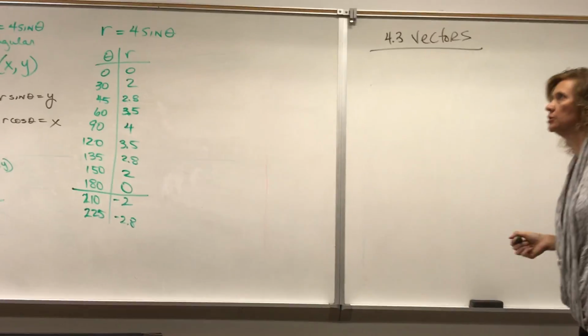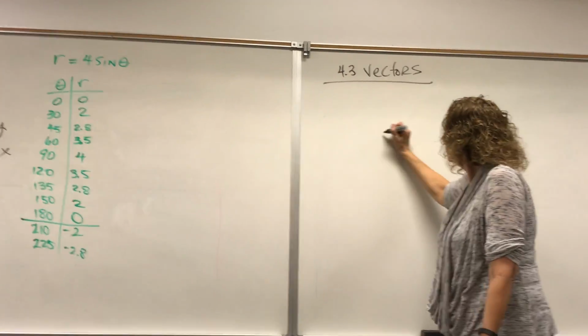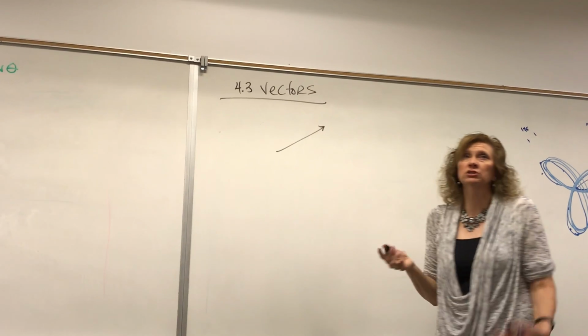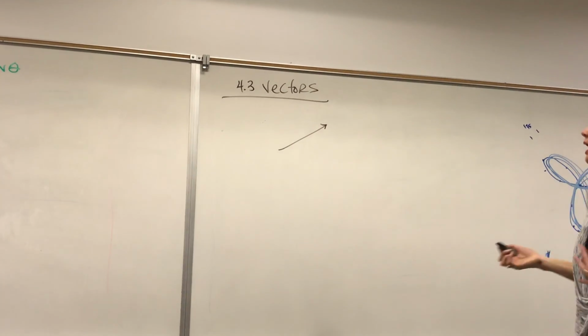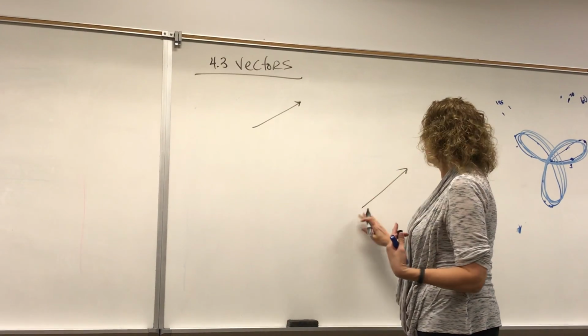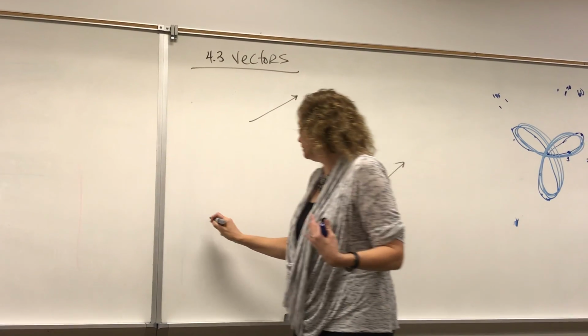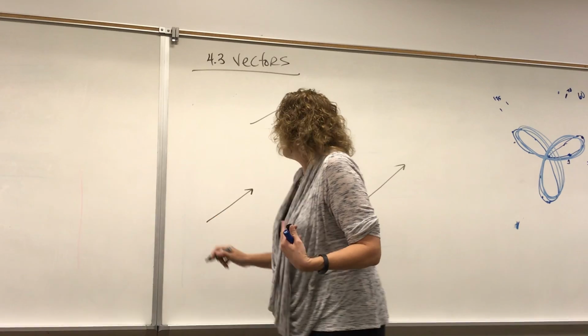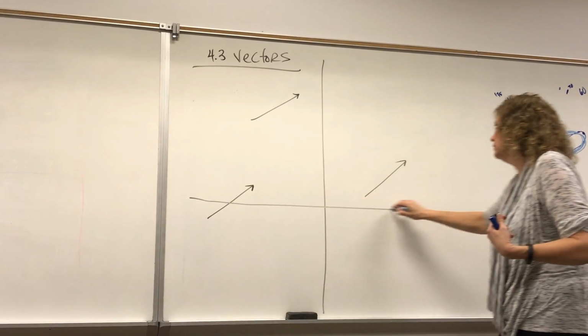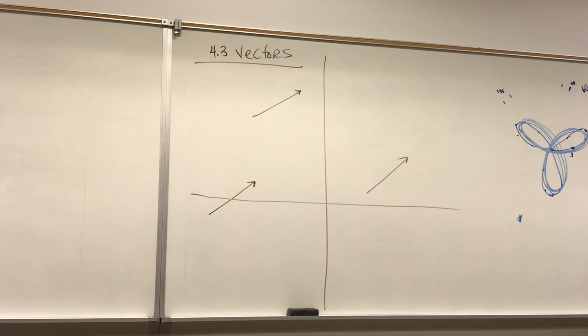Okay, so we have a vector. That vector is free moving. I can have it there, I can put it here. If I put it on a grid, it can be anywhere in the grid.